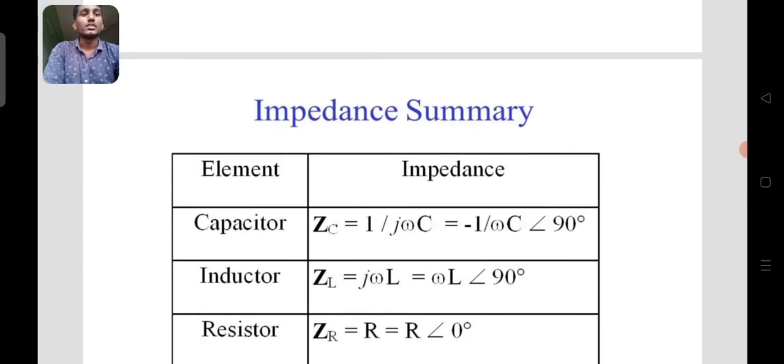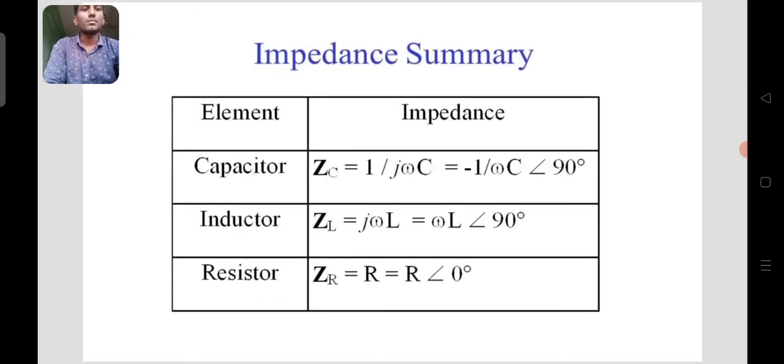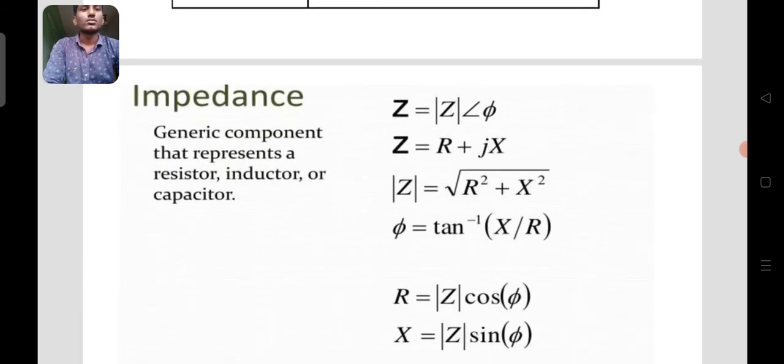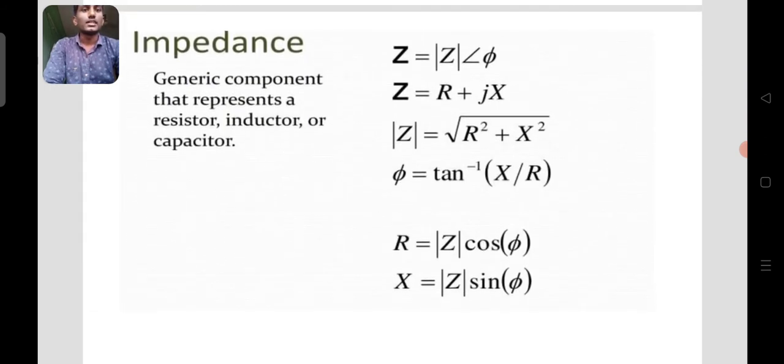You can see the complete formulas for impedance in different electrical elements like capacitor, inductor and resistor. Here impedance is a generic component that represents a resistor, inductor or capacitor in AC circuits. So Z equal to mod Z angle phase, and these are the formulas we saw above.